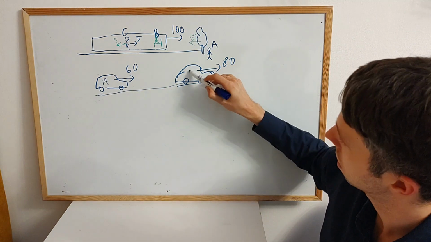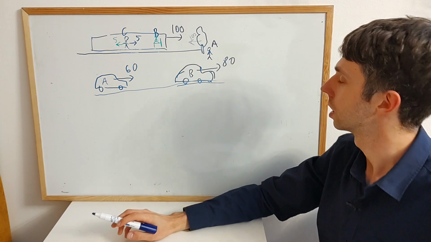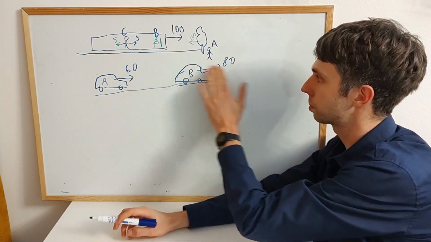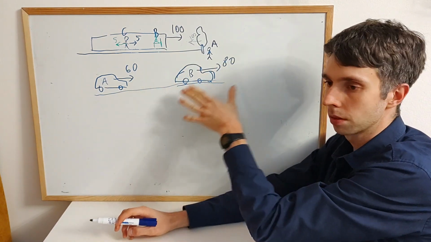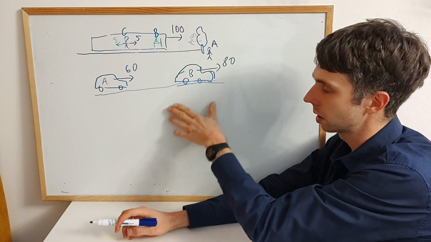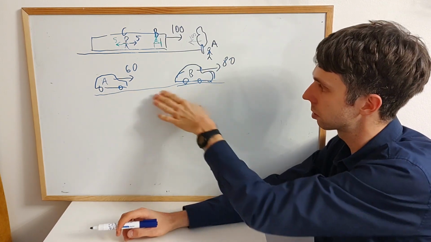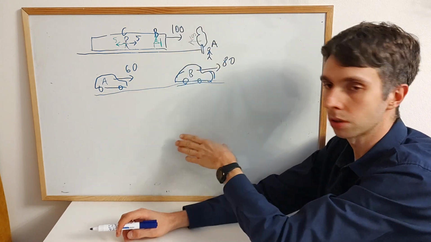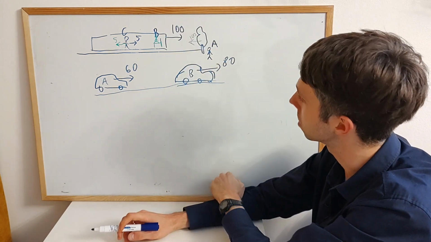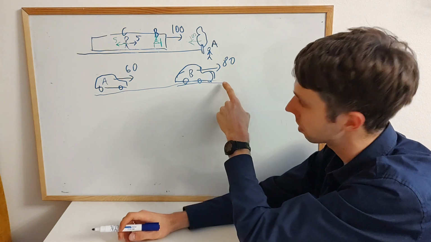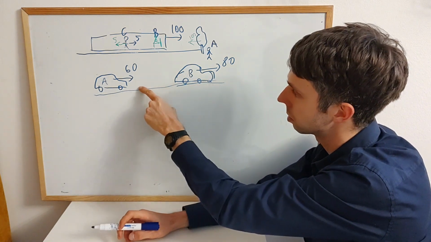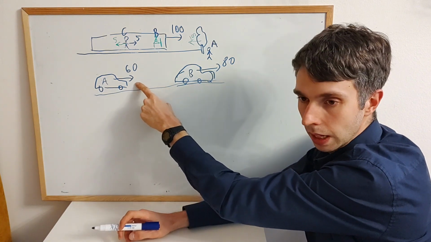So let's say this is car A, this is car B. So these are speeds in the reference frame related to the surroundings, to the road or the tree which is next to the road. But what is the speed of car B with respect to car A?